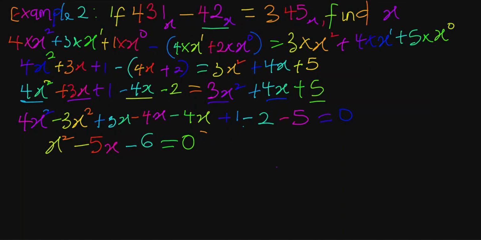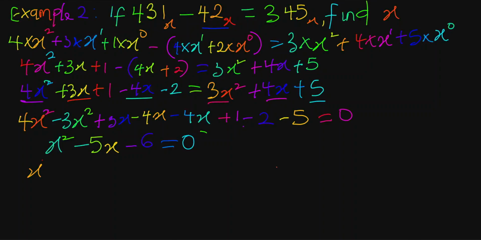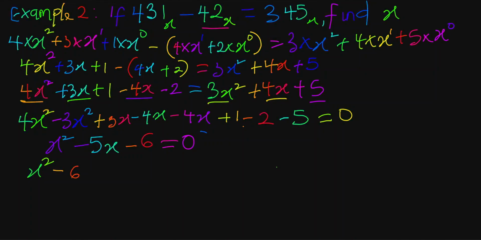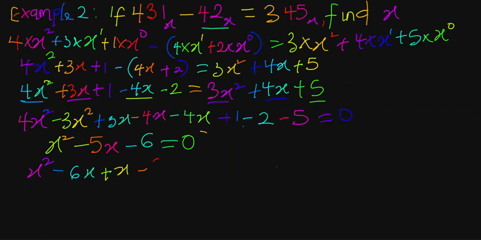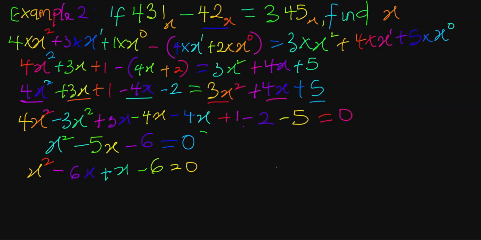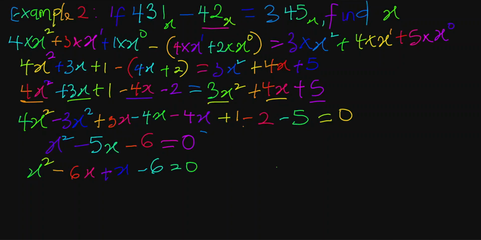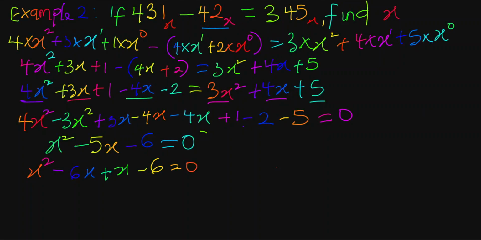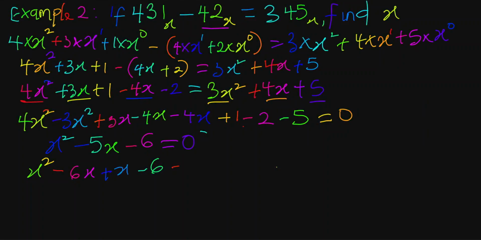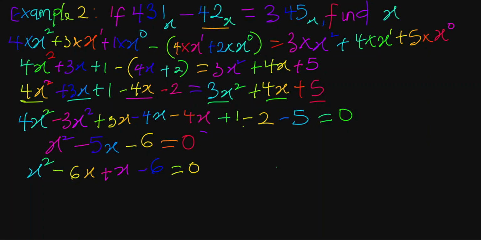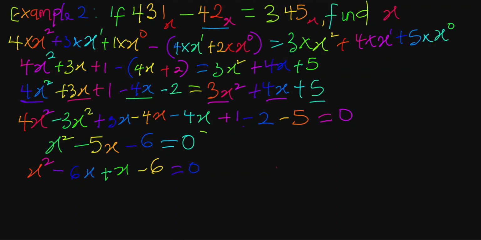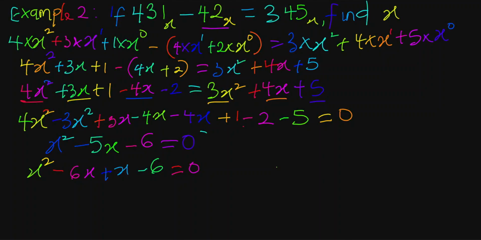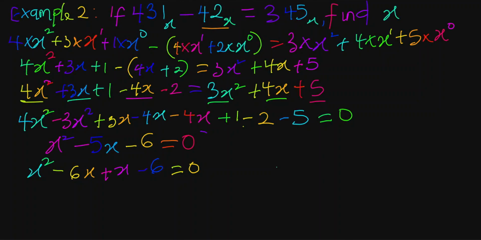So we have x squared minus 6x plus x minus 6 equal to 0, because the two numbers that can replace minus 5x here are going to be minus 6x and x, and they are the two numbers that can multiply themselves to give you this.